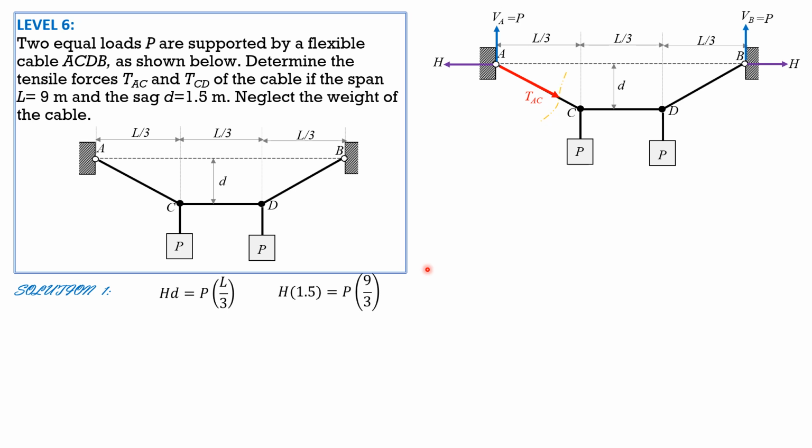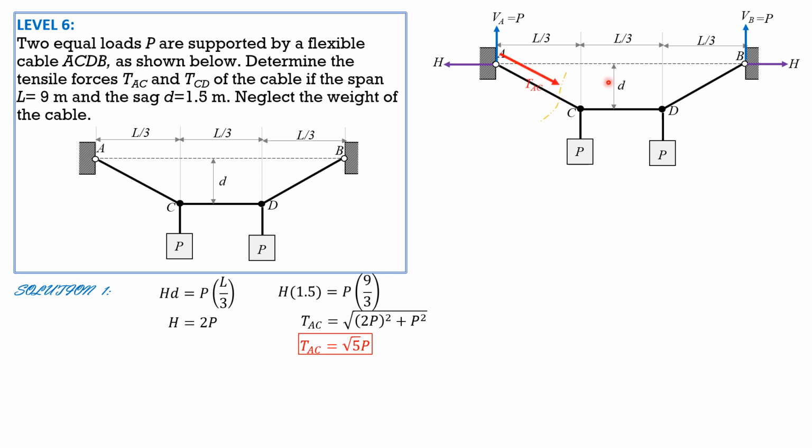Therefore, H is 2P. Having known H is 2P, the tension in AC is square root of H square plus P square, which is square root of 2P quantity square plus P square. So therefore, tension in AC is square root of 5 times P.